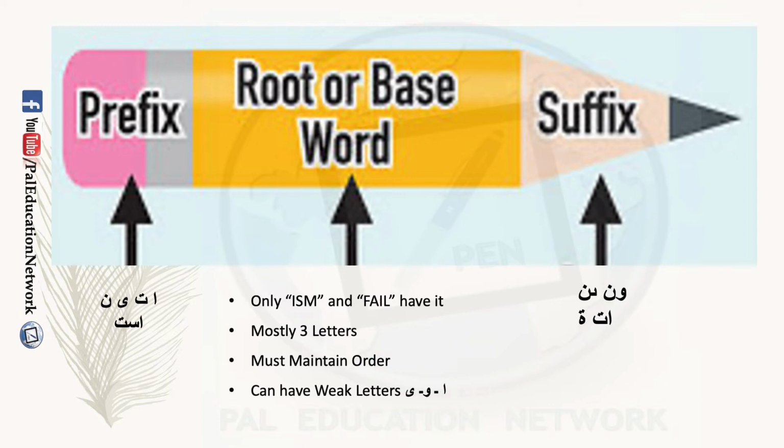Now they can have weak letters. In a root word, there are 3 letters known as weak letters. They are known as huruf illat, which are hamza, which you can call alif, waw and ya.